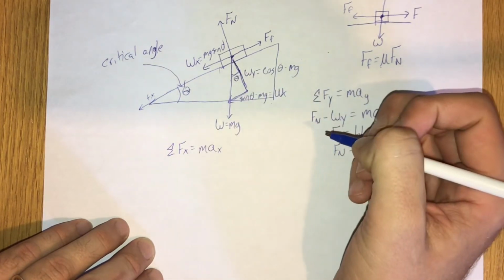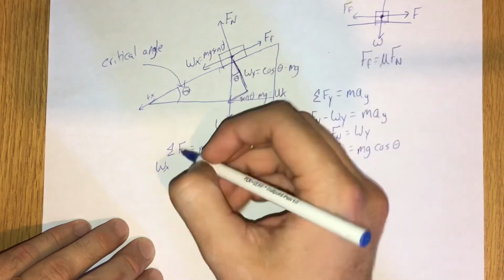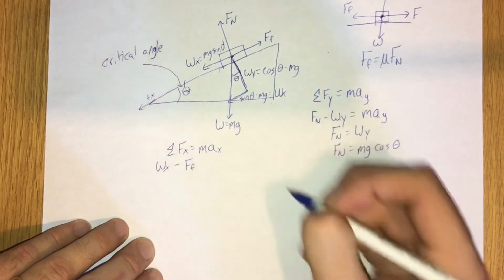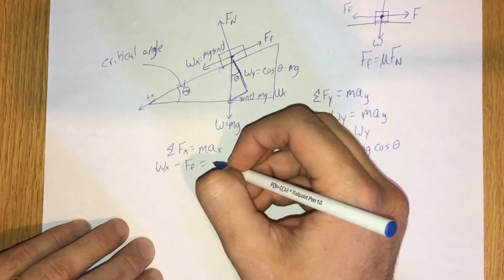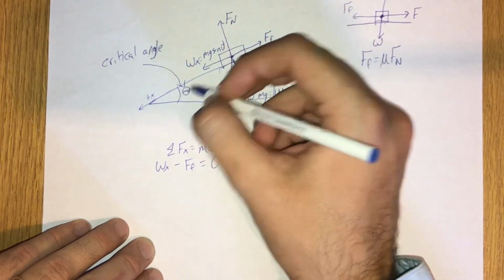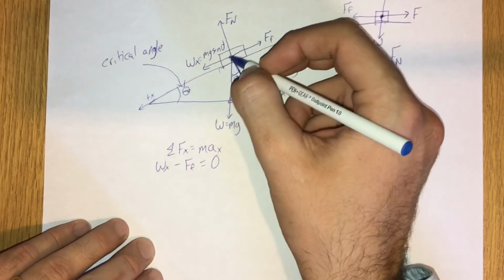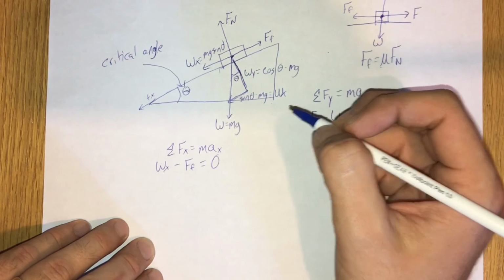So I have the x forces: the x component of weight in one direction, and then opposing that is the frictional force. And that's going to equal 0 because, again, we're considering the point right when the two forces are balanced, just before the x component of weight overwhelms and it starts to slide down.